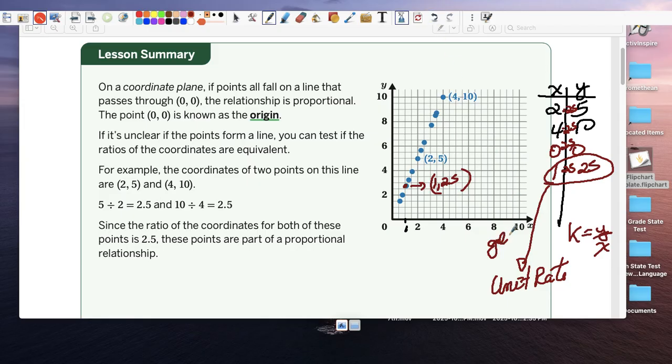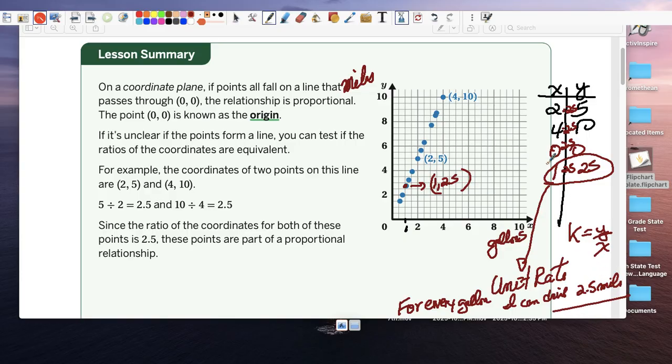Gallons and miles that I drive. That makes it easier. So it's saying that the unit rate is for every gallon that I have in my car, I can drive 2.5 miles. It's a really old car. I drive 2.5 miles. And there's my unit rate.